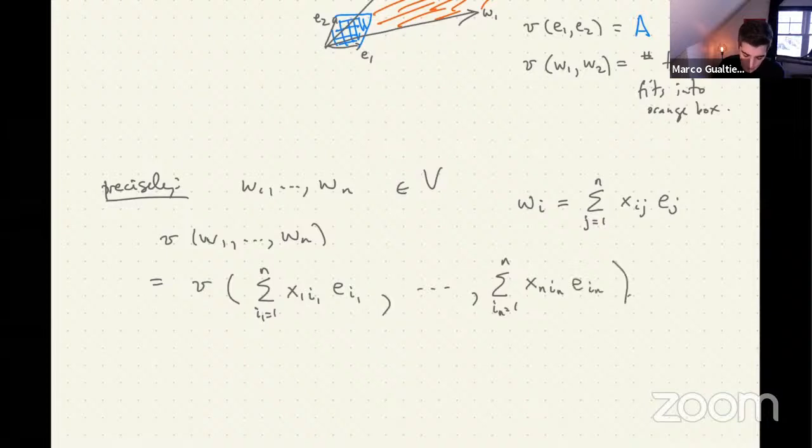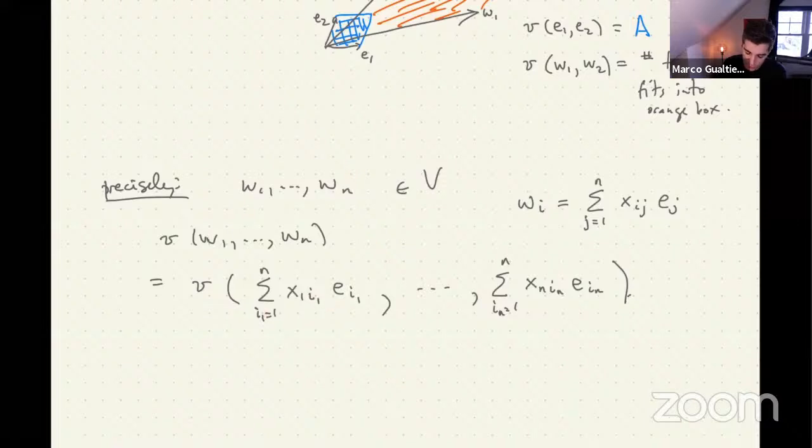Sorry, did I avoid this? I'm just writing it in a slightly clumsy way. I mean, it's correct, but notice that because I need a summation index for the first vector, for the second, for the third, and for the nth, I just didn't want to use the same summation index.